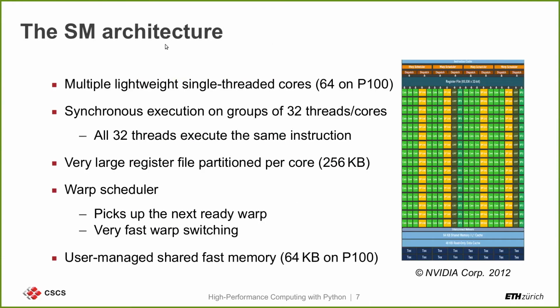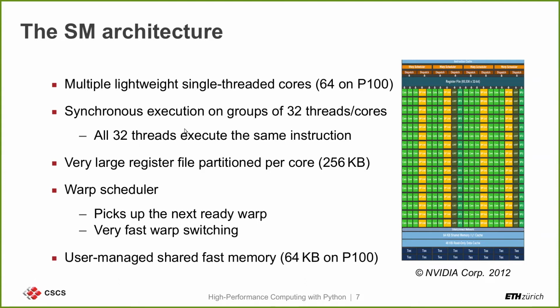In the streaming multiprocessor architecture that the NVIDIA GPUs have, we have many lightweight single-threaded cores. There are 64 in the P100 device, and we have synchronous execution of groups of 32 threads, and each group of 32 threads constitutes a warp, and all 32 threads execute more or less the same instruction synchronously.